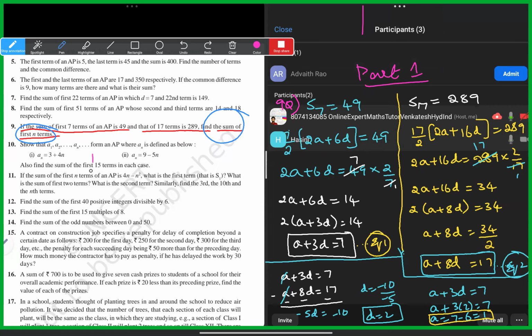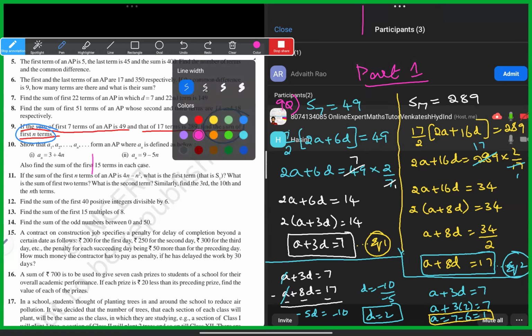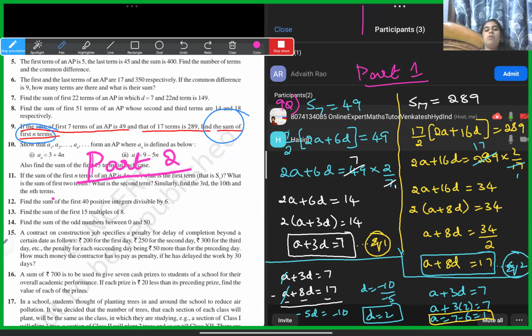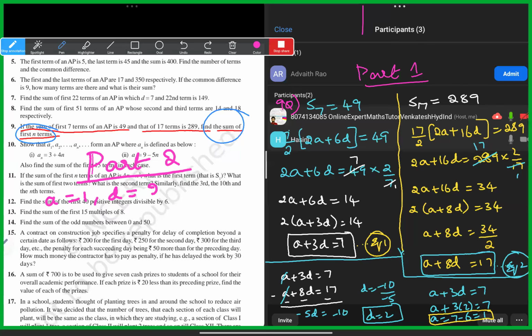Then for part 2: the a value is 1 and the d value is 2. We want Sn, which is n by 2 into 2a plus (n minus 1) into d.